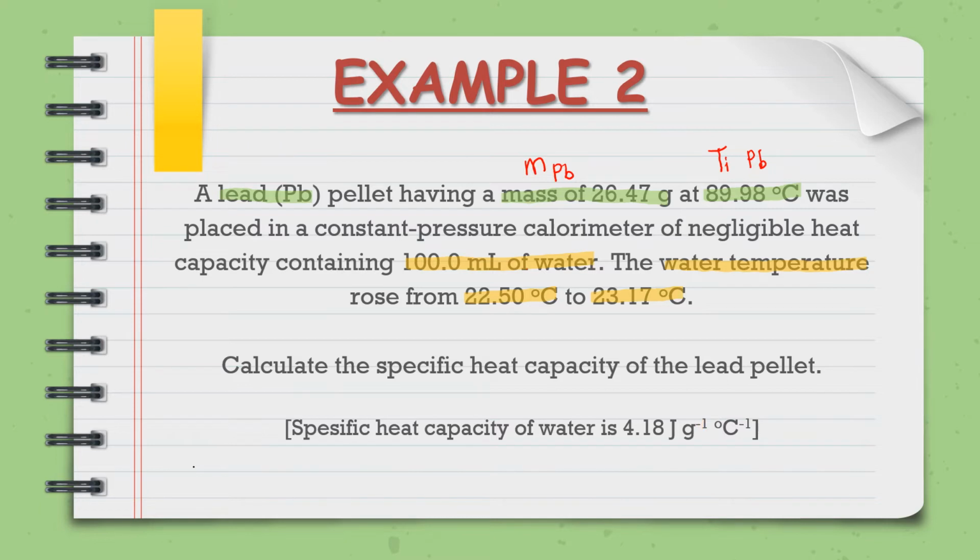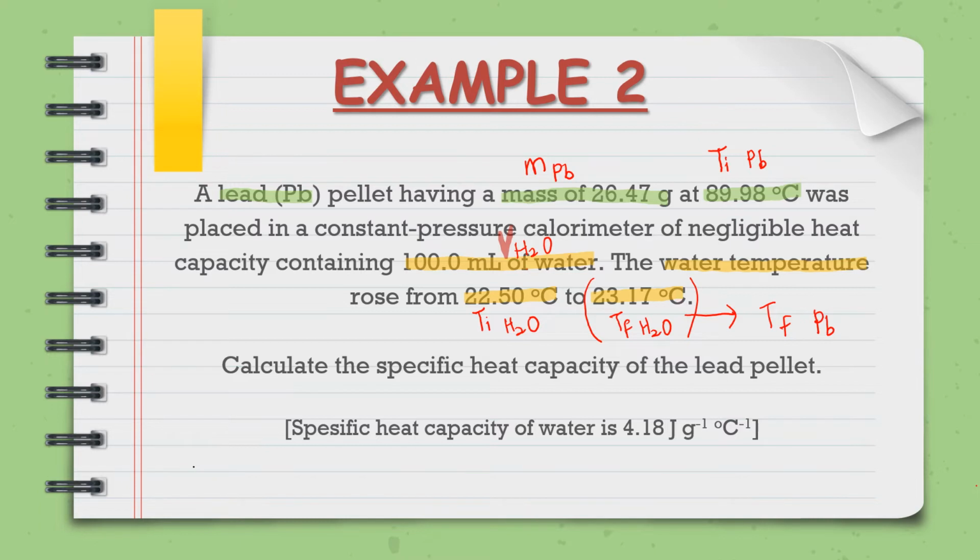So this will be the volume of water, 22.5 is the initial temperature of water, and the 23.17 is the final temperature of water. And actually, besides the final temperature of water, this is also the final temperature of the plumbum.